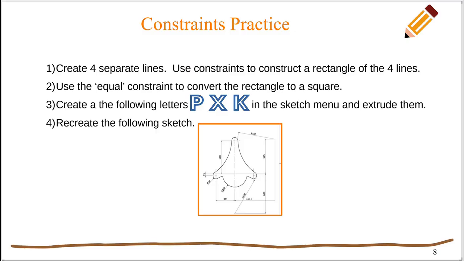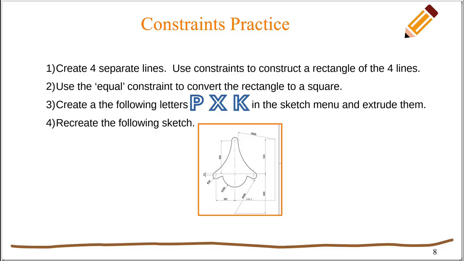So the first is really simple: create 4 separate lines and then use constraints to form a rectangle out of those 4 lines. We pretty much did that in the video, so it shouldn't be too hard.